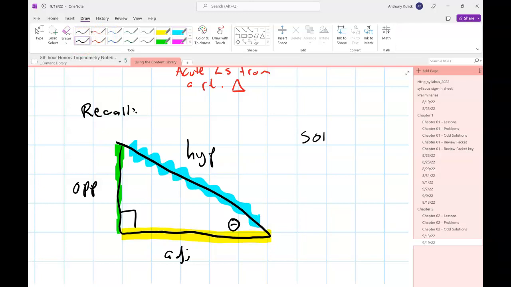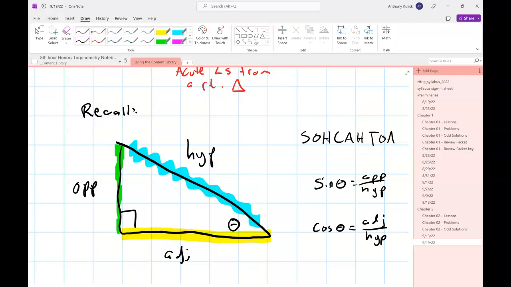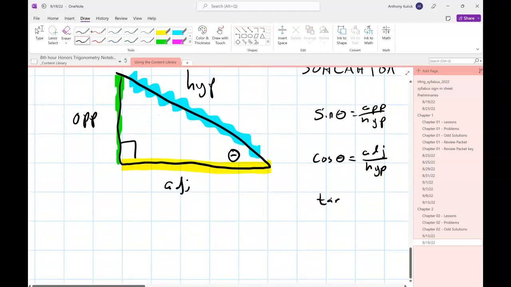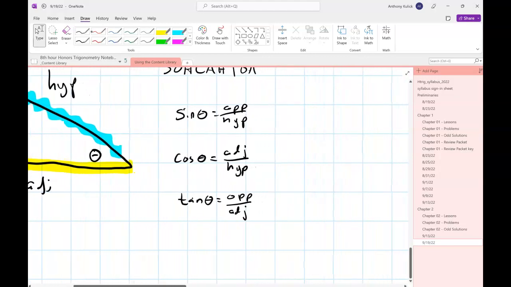So if we use our acronym SOHCAHTOA, we should remember that sine theta is opposite over hypotenuse, that cosine theta is adjacent over hypotenuse, and tangent theta is opposite over adjacent. I think everybody does that much, at least in their geometry class, right?